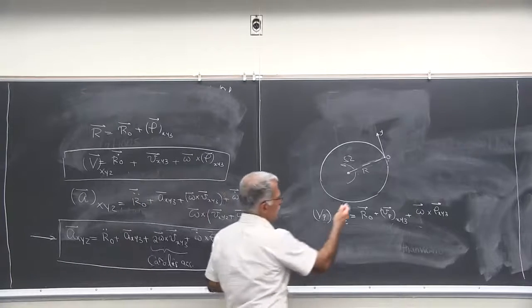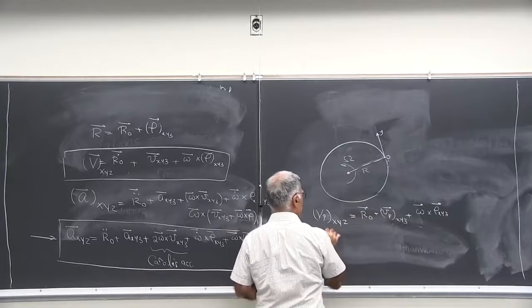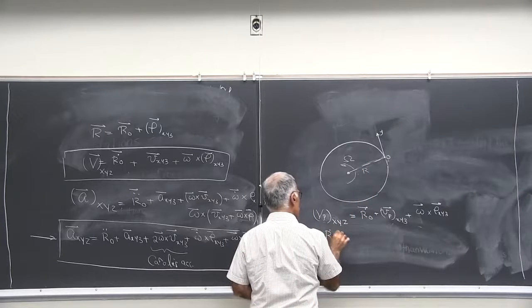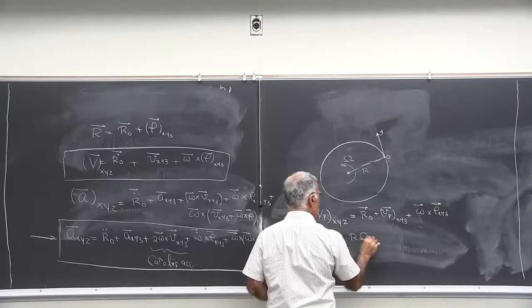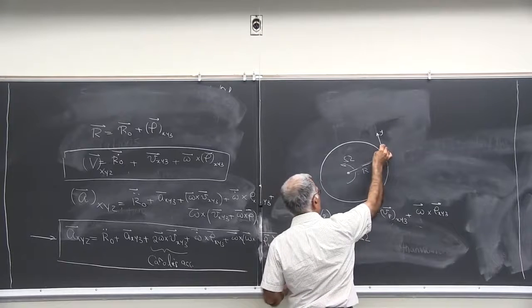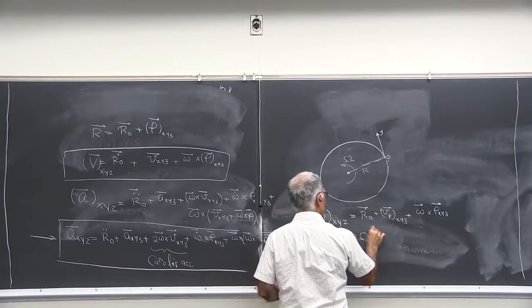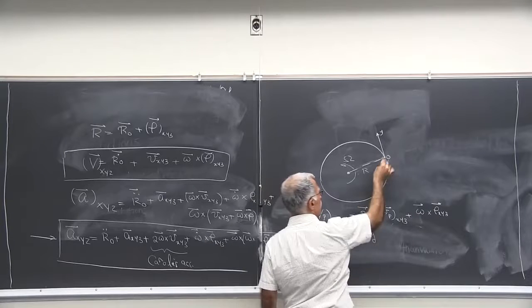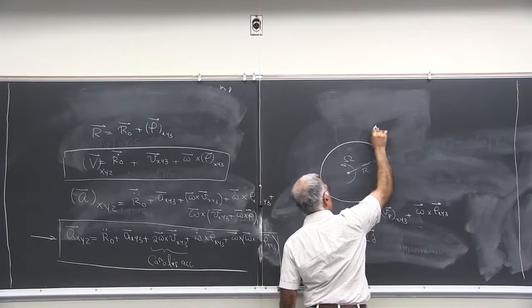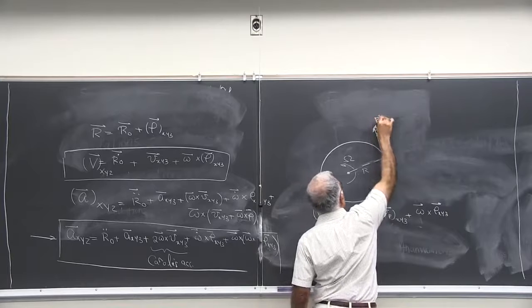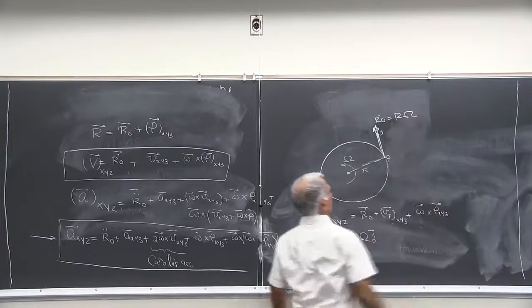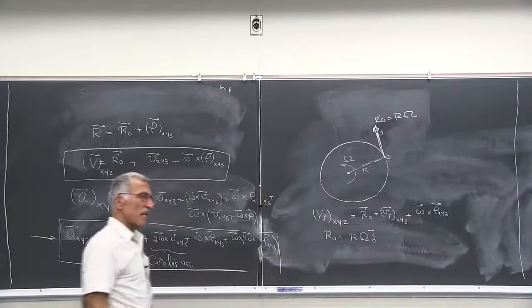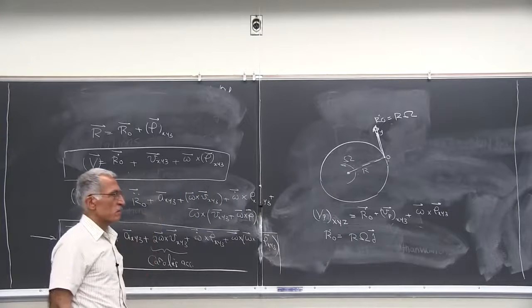You can say it's in this direction. So r dot O is equal to r omega, and the direction of that one is in the direction of small j. So that's r dot O, and that's equal r omega, and that's one of the vectors.